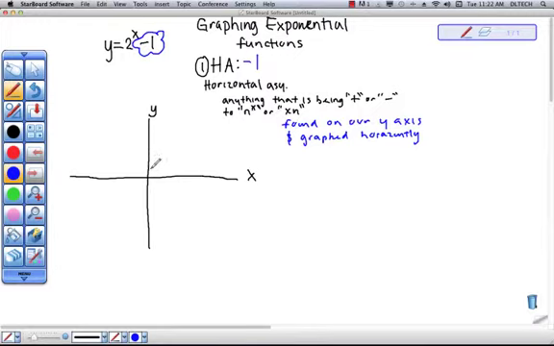So it's -1. We would go on our y-axis, go to -1, and graph a dotted line.